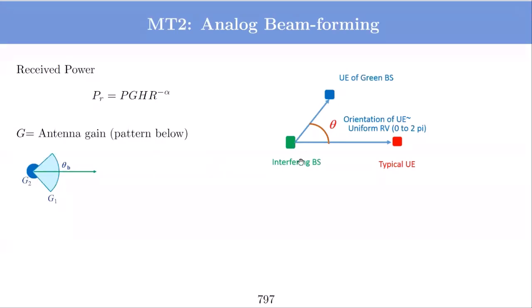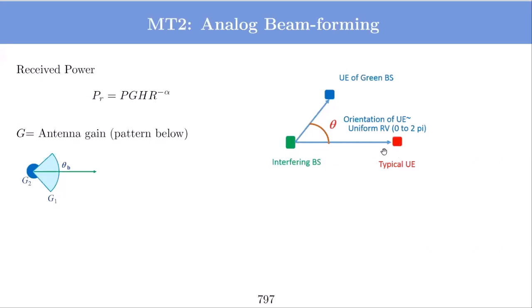So the gain will always be given as the serving base station gain. But for the interfering base station, look at this. This is the interfering base station, and this is the user you want to compute the interference at. This interfering base station has its own user, right? Suppose this is its own user. So it will align its antenna orientation to this user, right? So you can think that there will be a pattern at different thetas from this interfering base station.